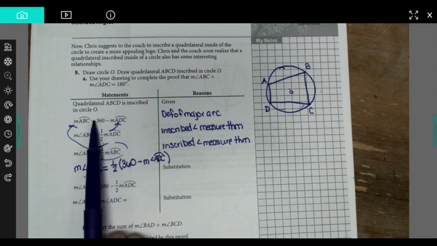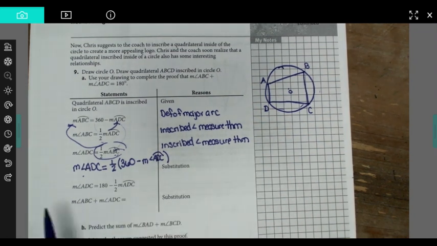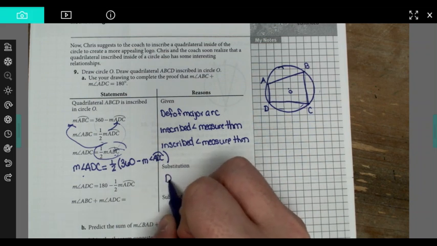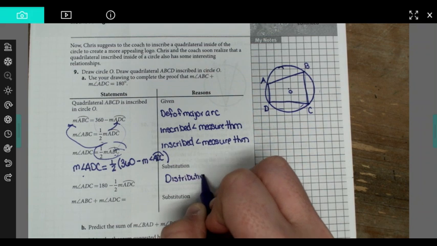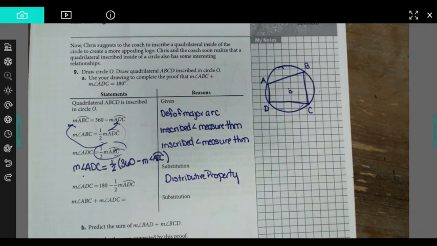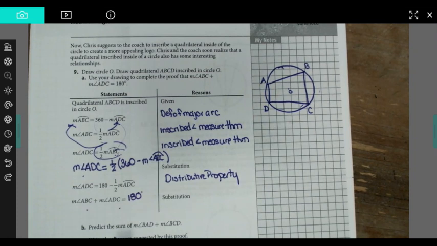So I plugged a combination of this and this for here. Well, I did the distributive property because we got rid of the 1/2 here. The measure of angle ABC plus the measure of angle ADC equals 180. I got to where I was trying to prove.